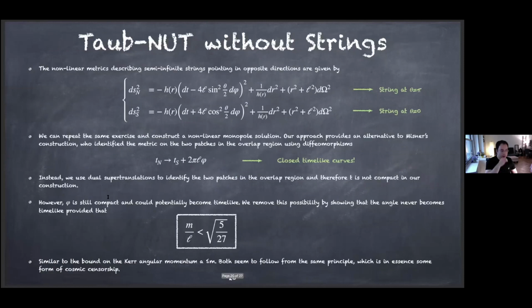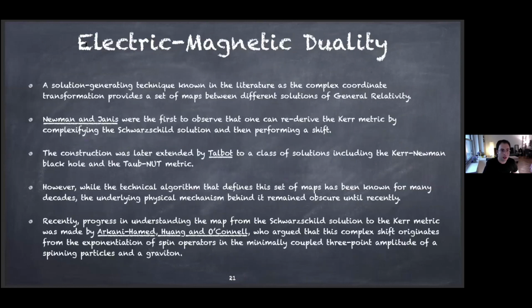I'm running out of time, but let me briefly mention another application, which is electric-magnetic duality. In the literature, there is a solution generating technique known as complex coordinate transformation, and it provides a set of maps between different solutions.